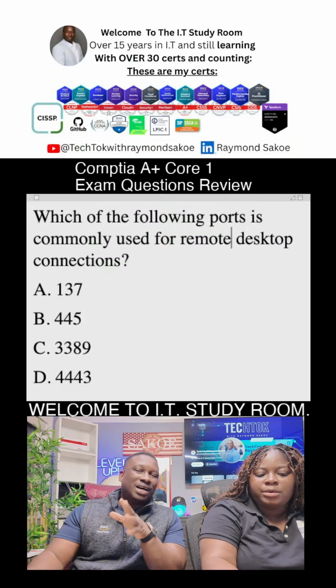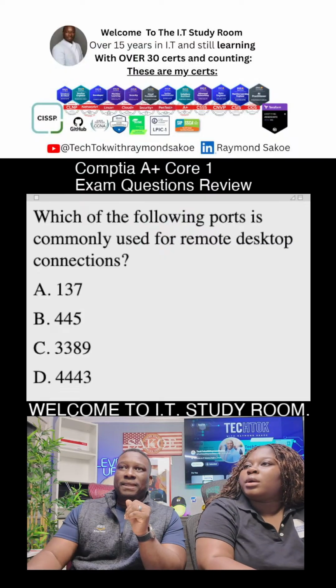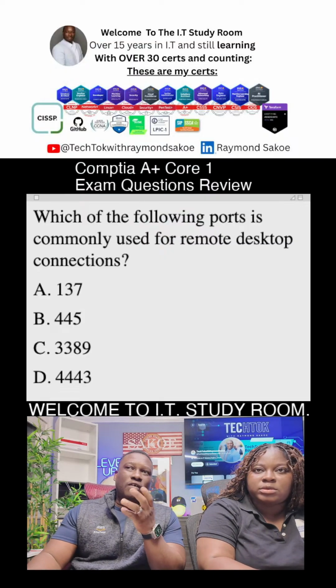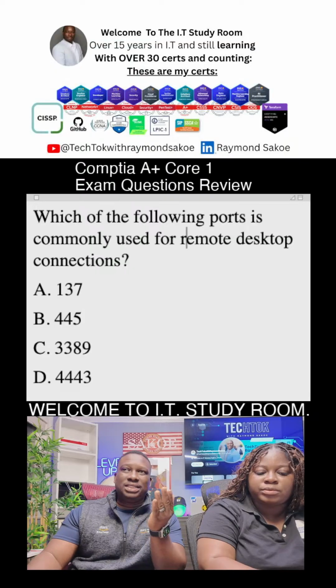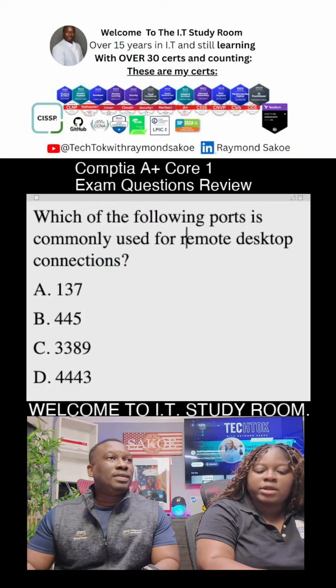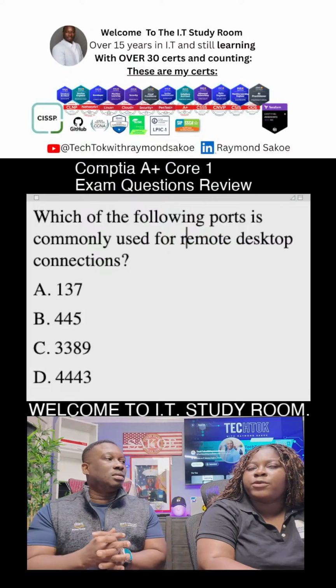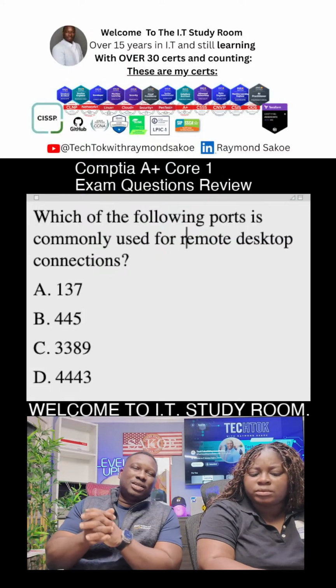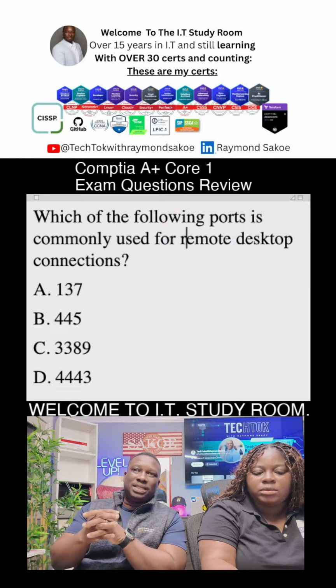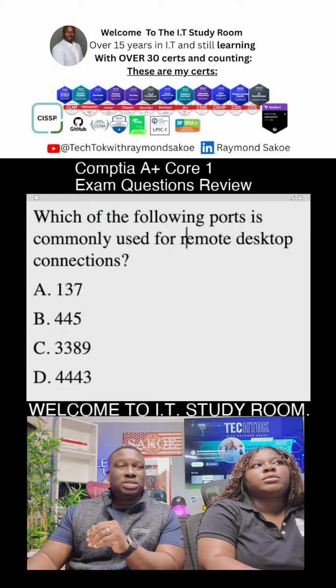Which is for file sharing. So that wouldn't be remote desktop. And then 4443 is usually an alternative port for HTTPS, not RDP. Jeff Avocado thought that it was RDP. So okay.